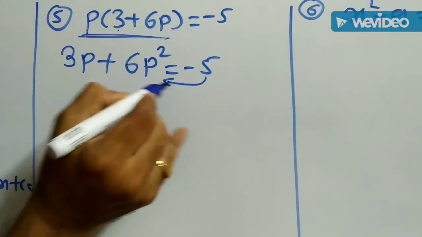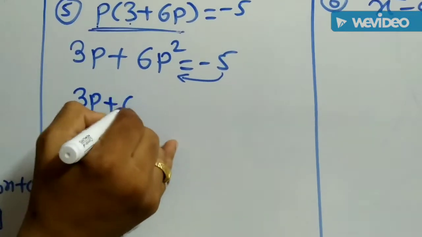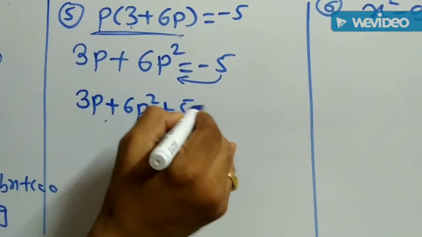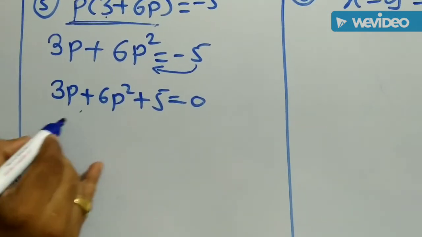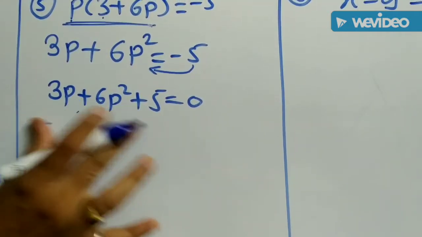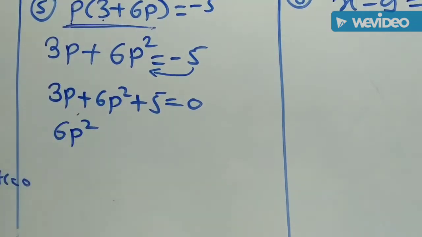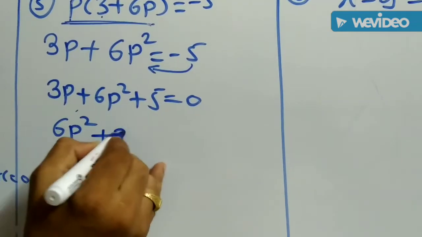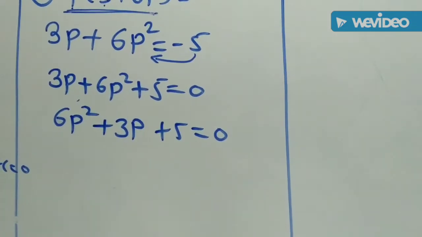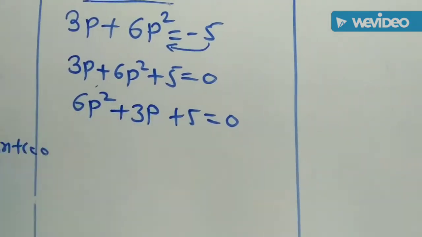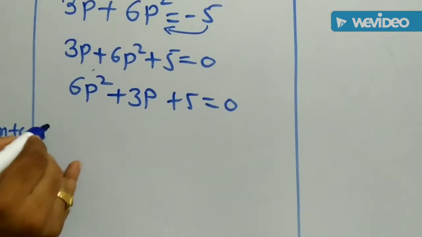Now this minus 5 gets converted to plus: 3p plus 6p square plus 5 is equal to 0. Now write in standard form, that is firstly write the square term, that is 6p square, then variable term, that is 3p, and then constant term plus 5 is equal to 0, and this is the standard form of the given quadratic equation.